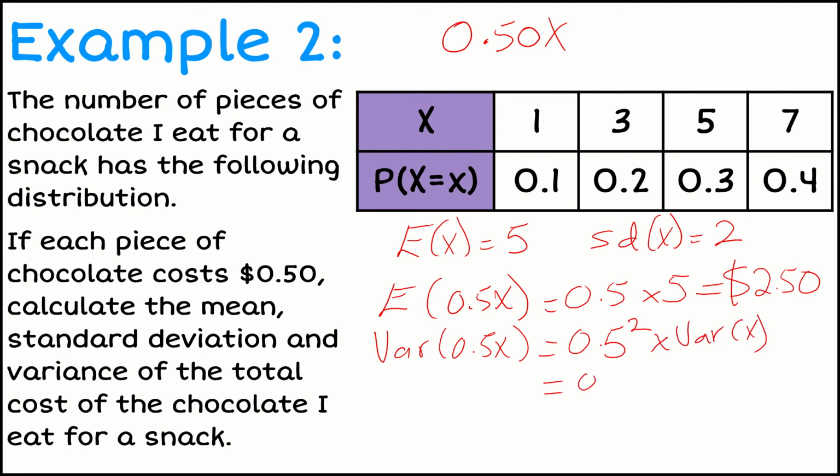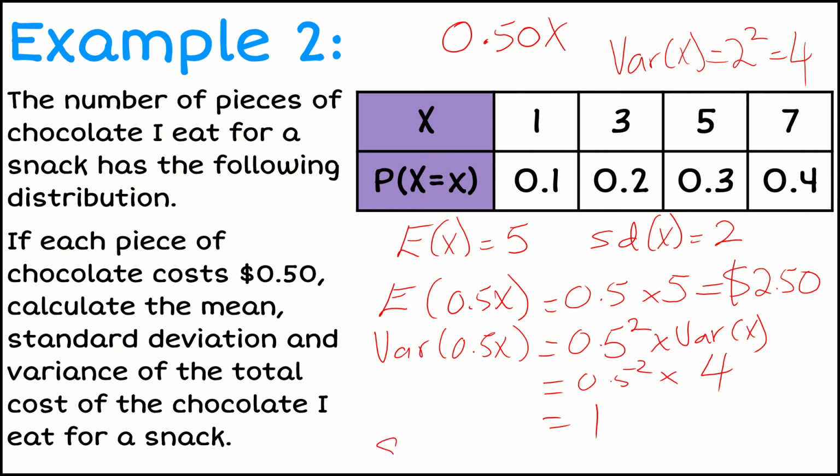And my variance of x, well, I've got my standard deviation is 2, so the variance of x will be the standard deviation squared, which is 4. So I'm going to do a half squared times 4. I'm definitely going to use my calculator for this at this time of night. And that gives me a nice number of 1. How about that? So that means there's my variance.